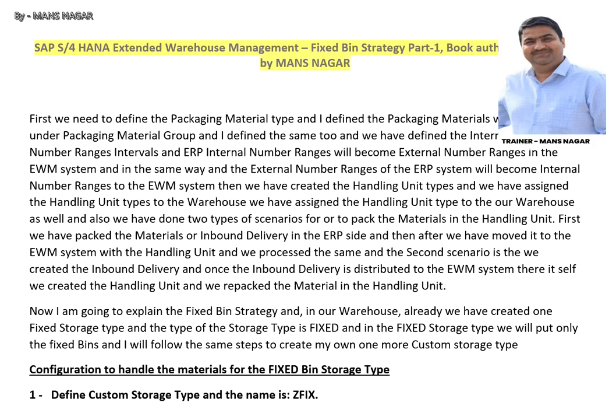First, we pack the material in the inbound delivery on the ERP side, and then we move that packed HU to the EWM system, and then we process the same. In the second scenario, we created the inbound delivery on the EWM side, and once the inbound delivery is distributed in the EWM, it is processed through /n/SCWM/PRDI. When it is processed inside the EWM system, we create the handling unit and repack the material in the HU.